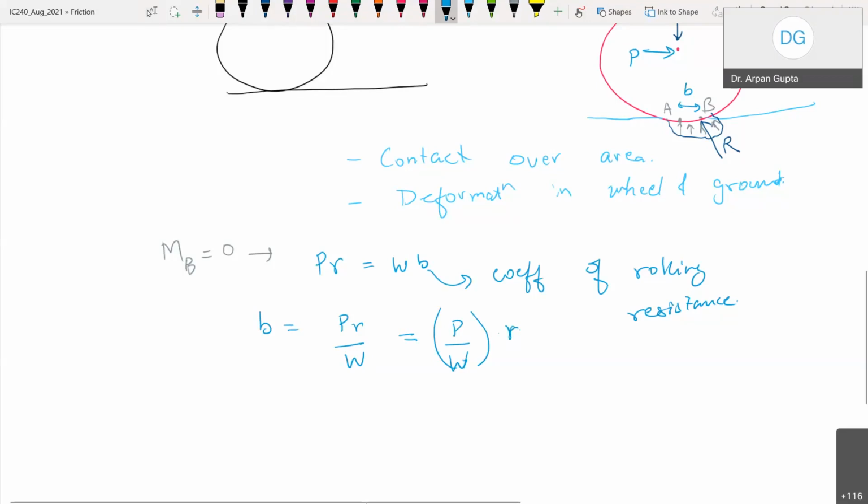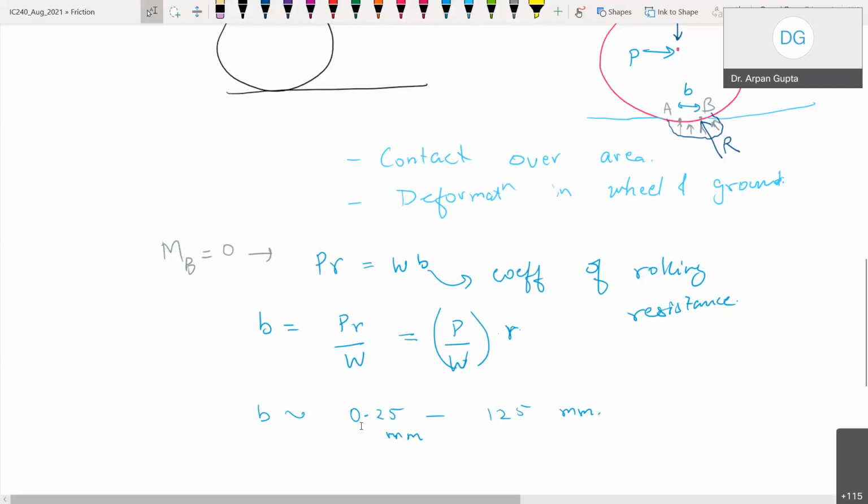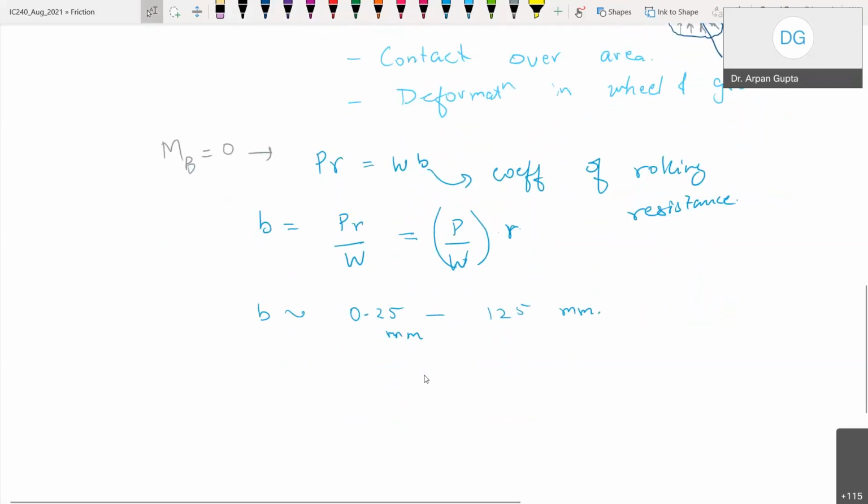Now this topic is again not fully understood, and research is still going on. But as of now, this is what people use. This b can vary from 0.25 mm if you have steel wheels on steel rails, so if you have trains, in that case your b value is very small.